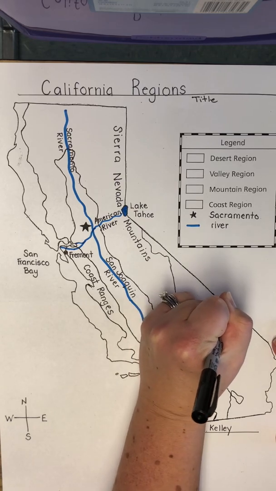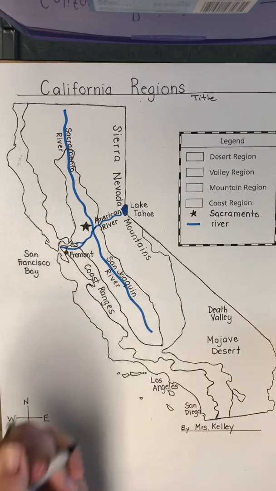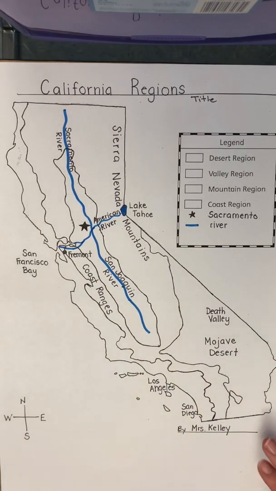So I'm just going to label it Death Valley right above. And you'll notice I'm still writing rather small. I don't have a ton of room on this map, even though it's a big piece of paper. All right, so now we've labeled our two parts of our deserts here, Death Valley and the Mojave Desert.